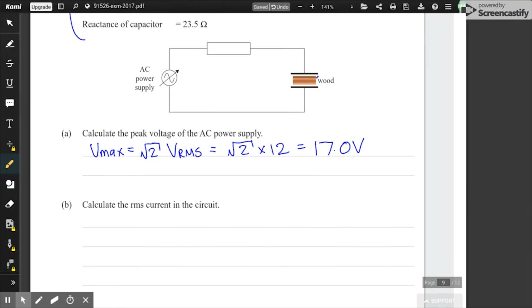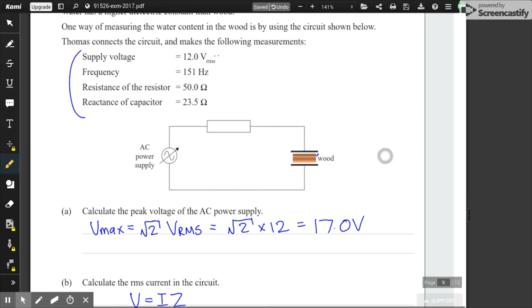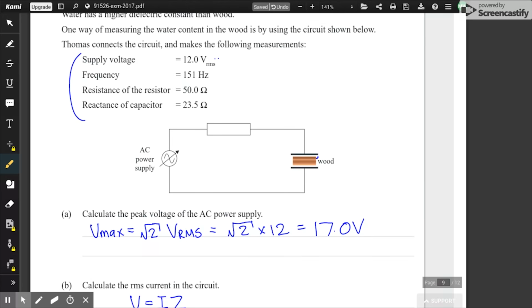Alright, and now we need to calculate the RMS current in the circuit. Now, to do that, first let's start off with this equation that you're given on your formula sheet, V equals IZ, which states that the voltage is equal to the current multiplied by the circuit's impedance. And the impedance, if you recall, is a combination of the resistance of the circuit and the reactance.